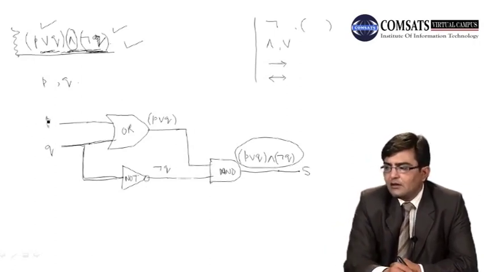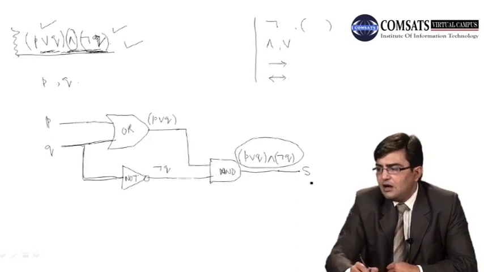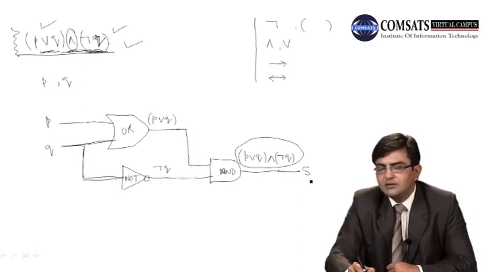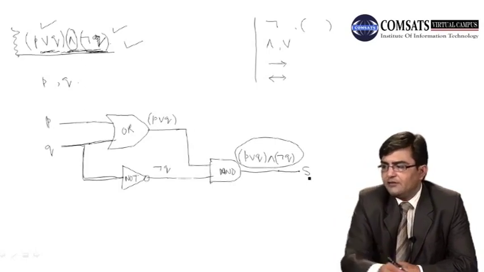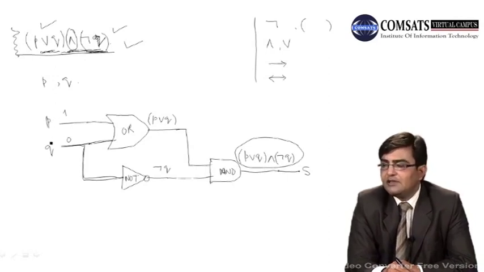So we can give inputs to this circuit, and we can find the output of this circuit. For example, if we give P as a true value, which is 1, and Q as a false value, which is 0. Now these are the particular truth values of P and Q. So the input for P is 1 and the input for Q is 0.